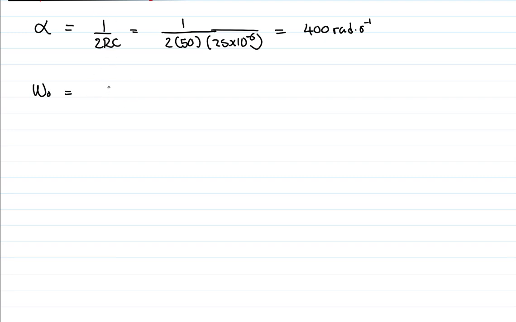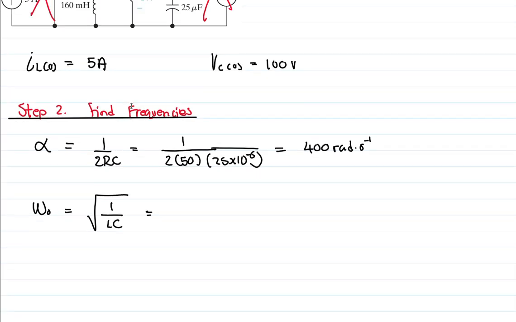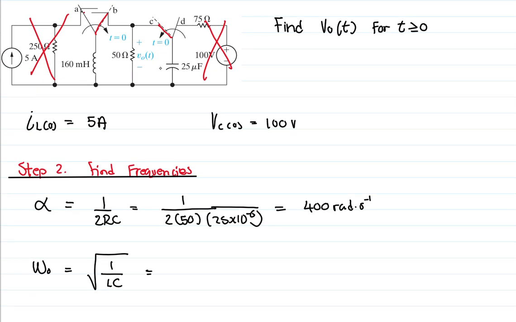Now we have to look for the radian frequency, which is omega 0, which is equal to the square root of 1 over LC, and also remember that we are working with a parallel RLC circuit.